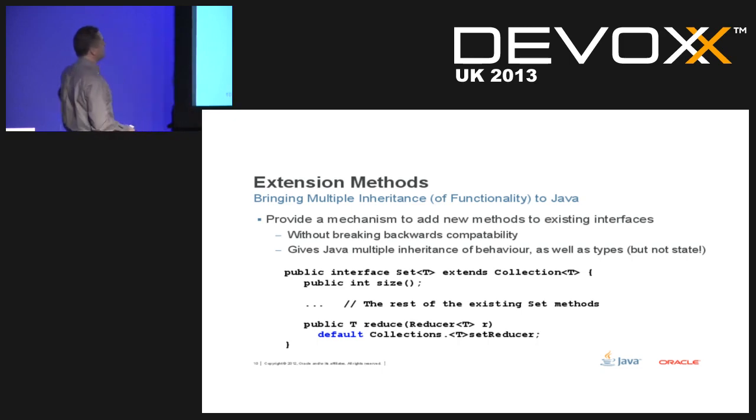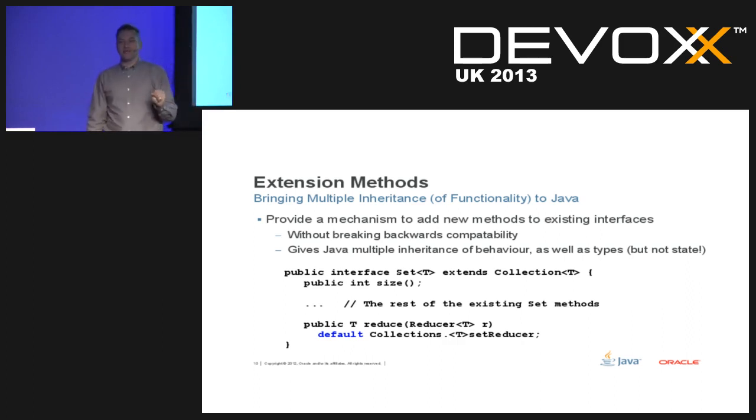So now we have the idea of saying, okay, I've got my interface here, Set, which extends Collection. I've got some existing methods in that. But now, because I want to add a new method to it, in order not to break backwards compatibility, when I add the reduce method, I'm also going to provide a default implementation.